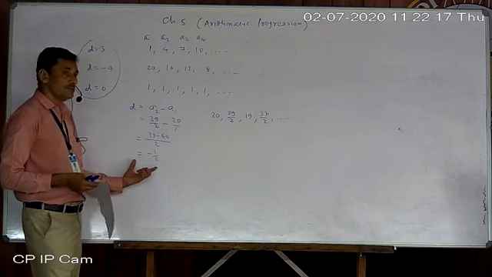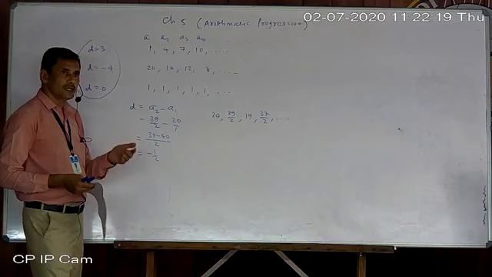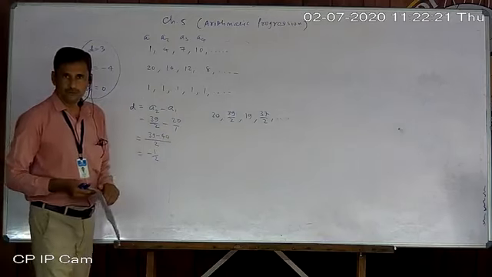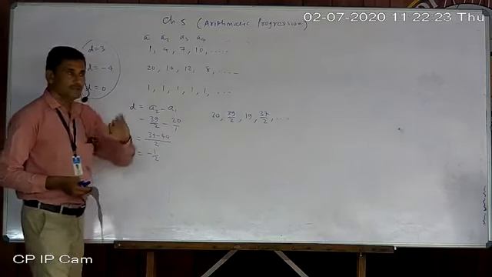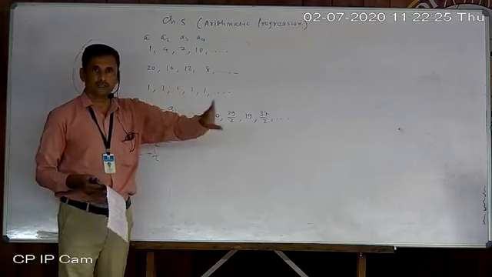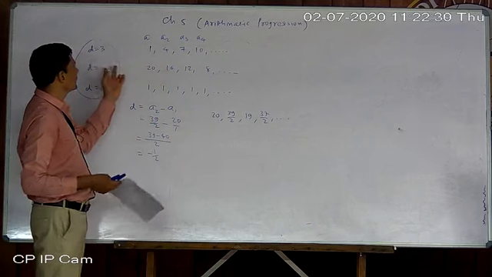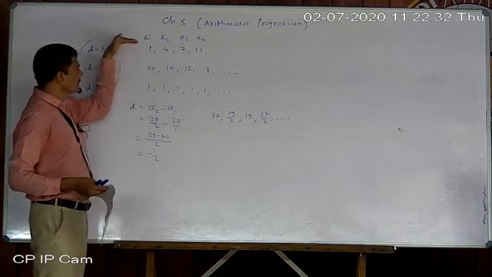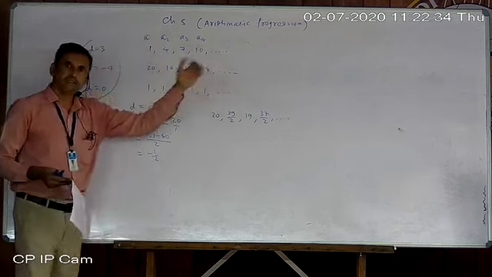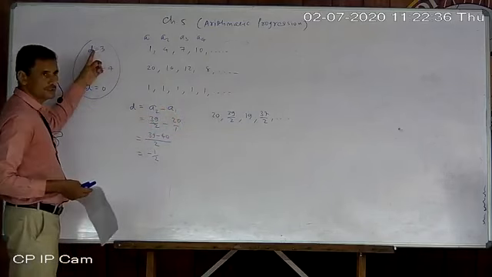Sometimes most students make a mistake. If D is negative, they consider it positive. So be careful. If the progression is decreasing, then D is always negative. If the progression is increasing, then D is always positive.